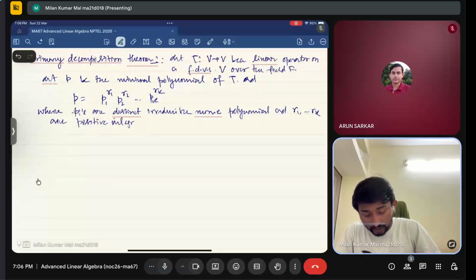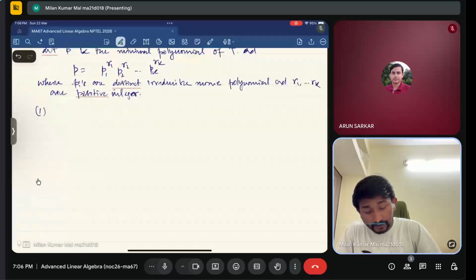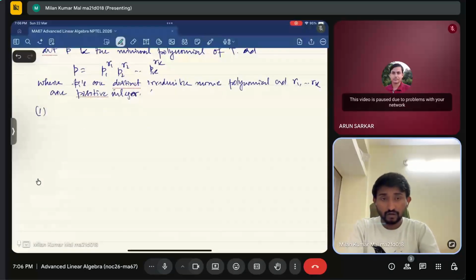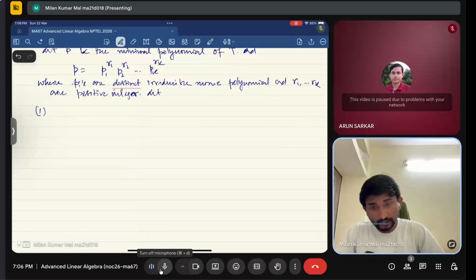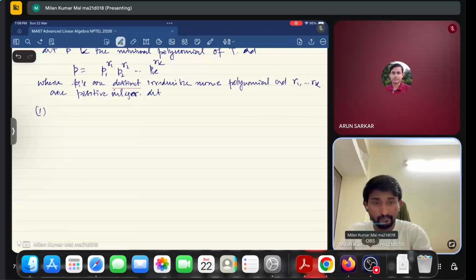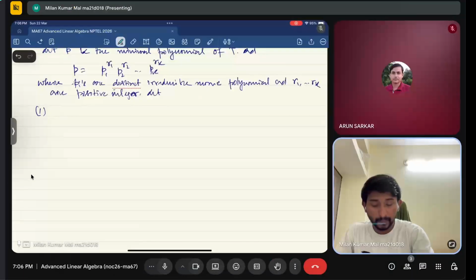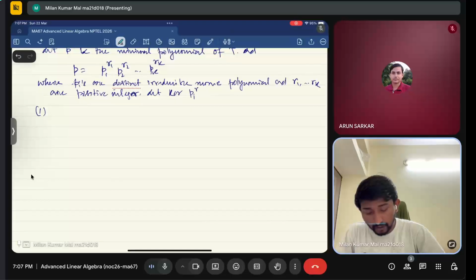Okay. Then let the kernel of Pi to the power Ri of T be equal to Wi for all i equals 1 to k.